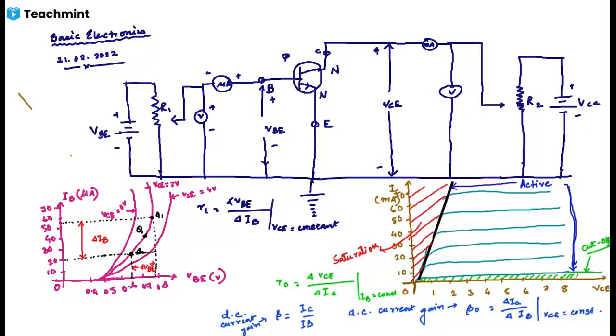So this is the common emitter configuration and its input output characteristics.